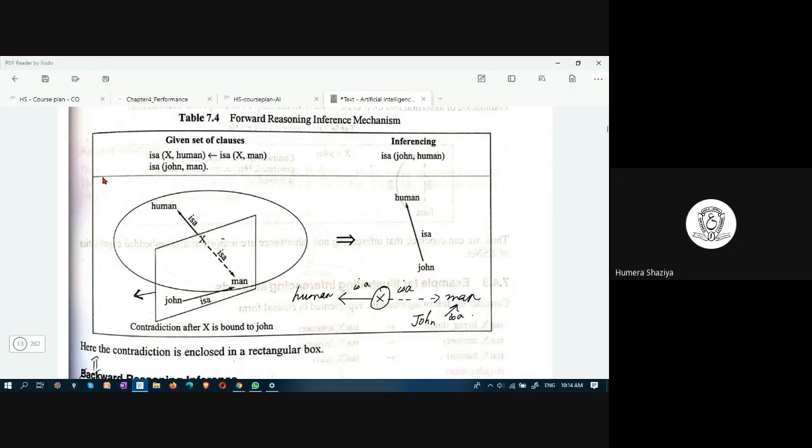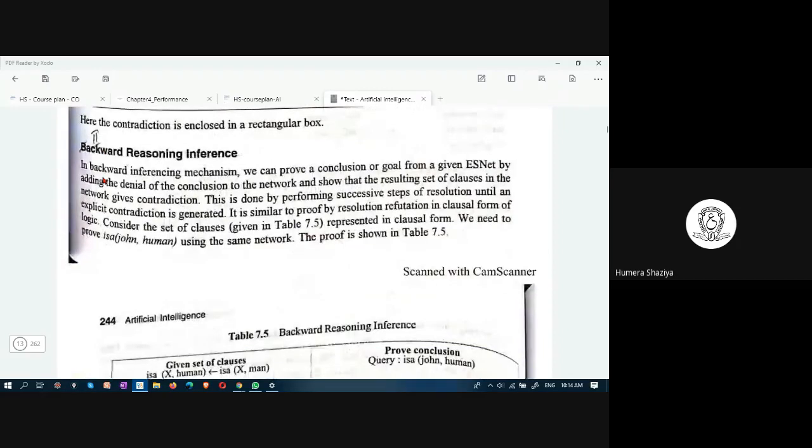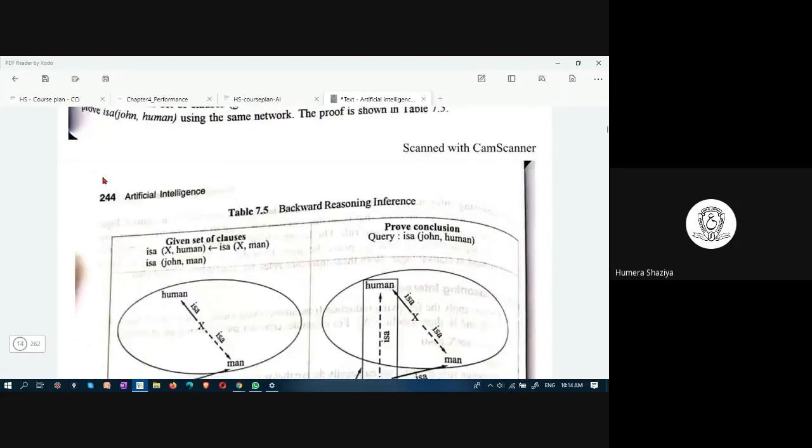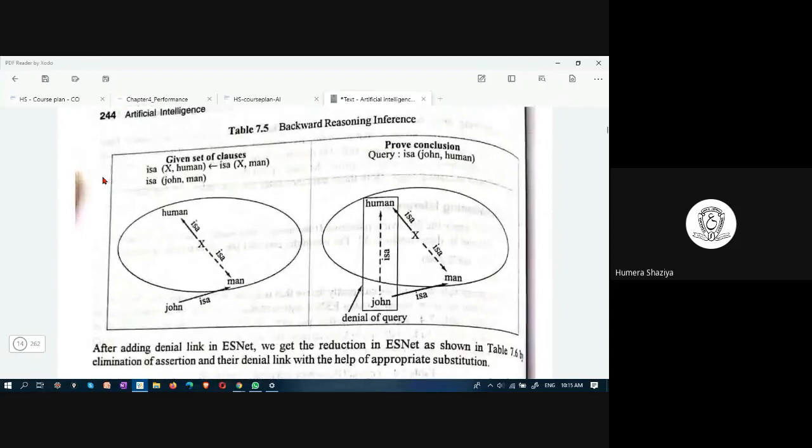Alright, this is a forward reasoning inference mechanism using ESNet. Backward reasoning inference mechanism. In this, the conclusion is given.